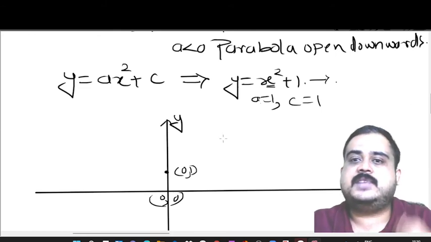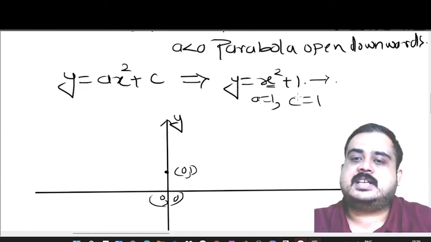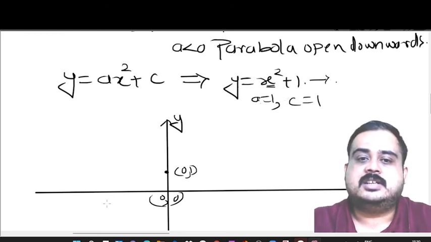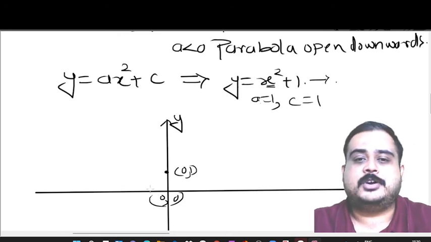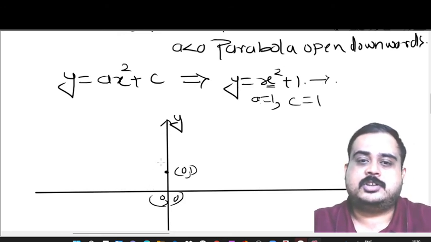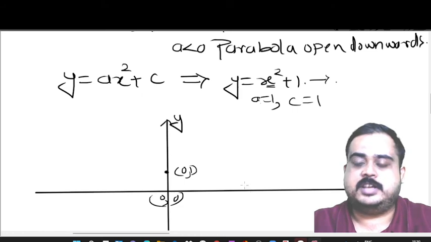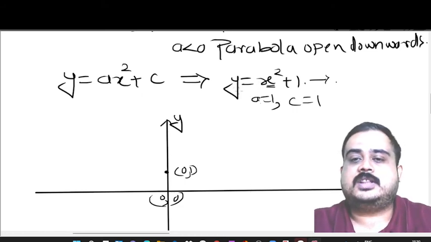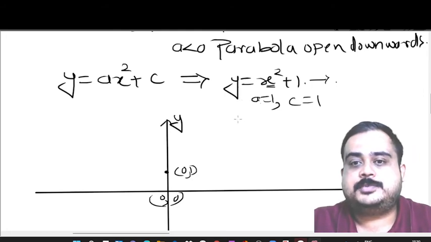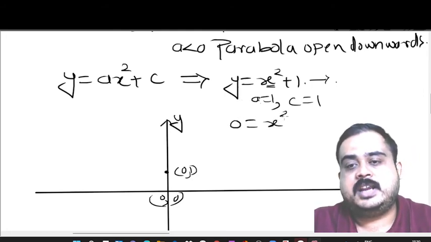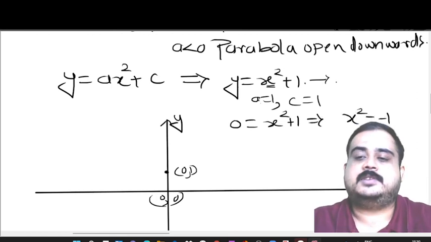Now let us see whether the parabola is cutting the x-axis or not. For the parabola to cut the x-axis, sorry, x-axis only, because every axis is real. The y-axis is also real, the x-axis is also real over here. So for this parabola to cut the x-axis, y has to be equal to 0. So let us substitute y equal to 0. We'll get x square plus 1 equal to 0. From here, x square equal to minus 1.